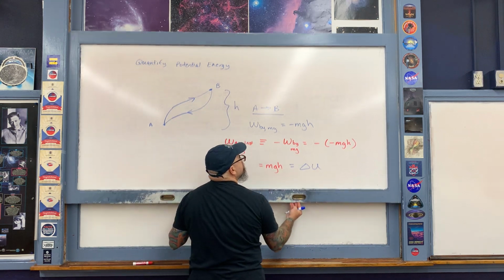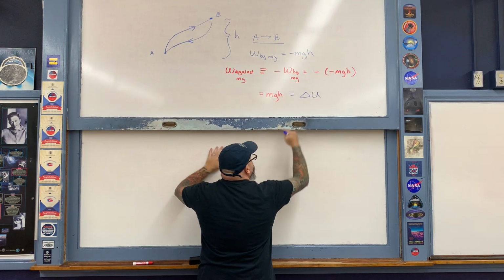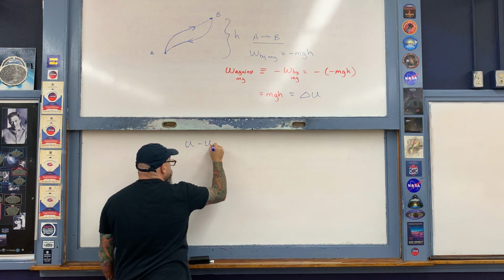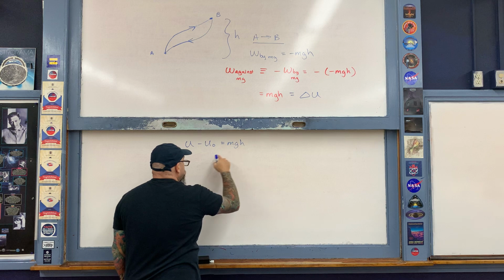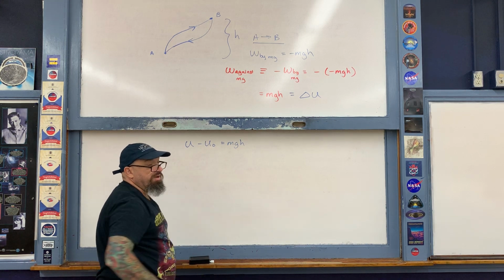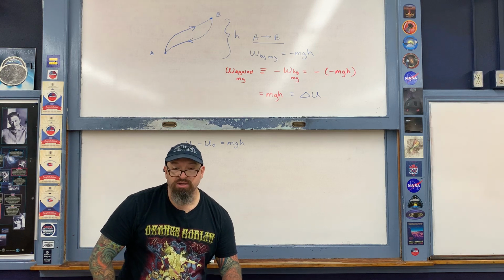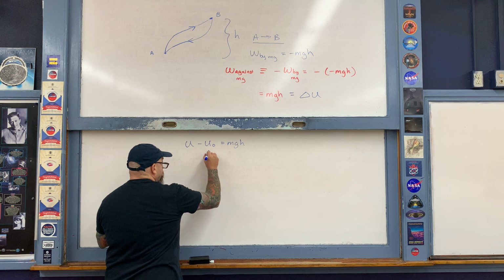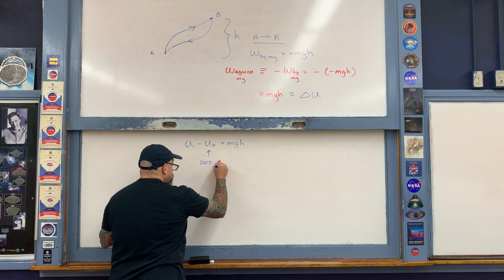Okay, now let me further illustrate here on the lower board. The change in a quantity is always the final value minus the initial value. The initial value is 0, however, at point A on the diagram above, because that's what we're treating as the origin. We're thinking of that as 0 height. So this right here is 0 at the origin.